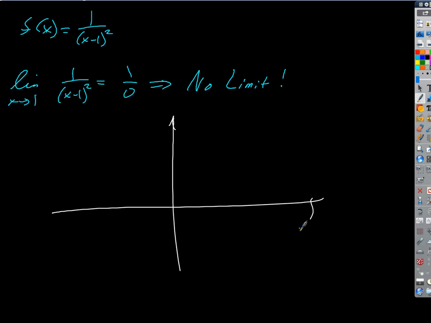What if I plug in a really small positive number, like 1.0001? I'm going to get 1 over a really small number, right? In fact, it's even going to be a smaller number.